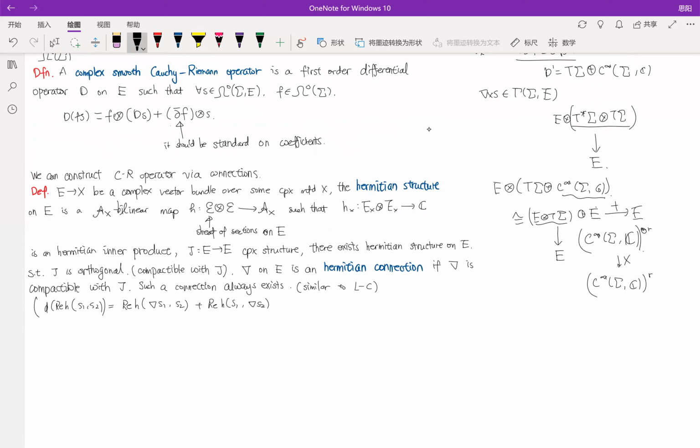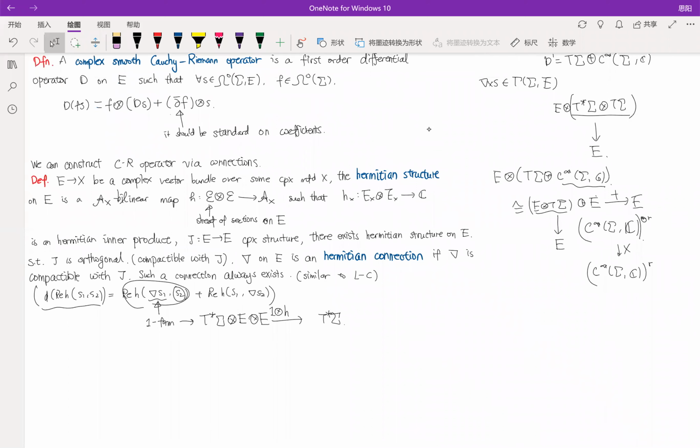So there is a Leibniz condition, and although it is a differential one-form, we can view it as a tensor product of T star sigma with E, and the other section is also a section of E. So we just use H, identity tensor with H, to obtain T star sigma. So this will be a differential form, and this is again a differential form.